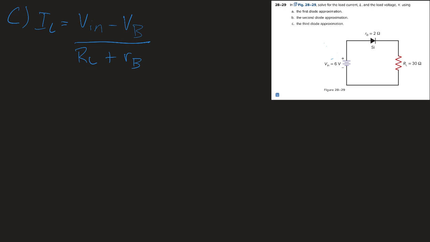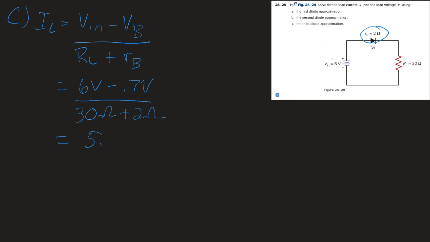So that's going to equal 6 volts minus our 0.7 biasing volts, divided by 30 ohms plus our 2 ohms for bulk resistance, which is given in the problem.